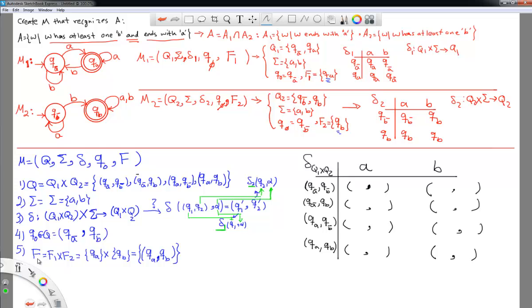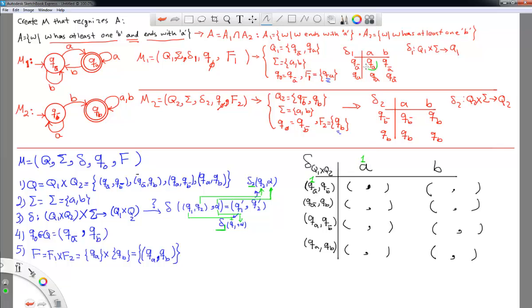So now let's do this. What happens if I am in Q naught A? Actually, let me just do this with numbers. So let's see. If I'm in Q naught A and I see an A, what does delta 1 tell me?